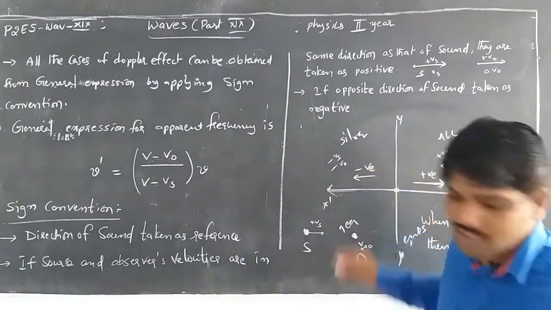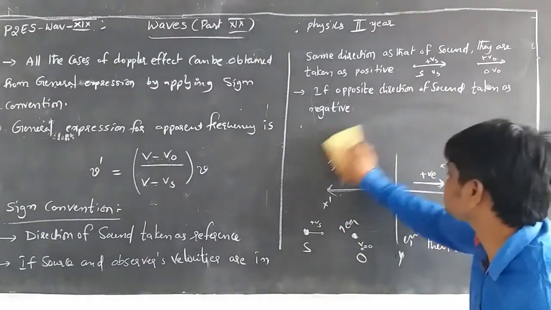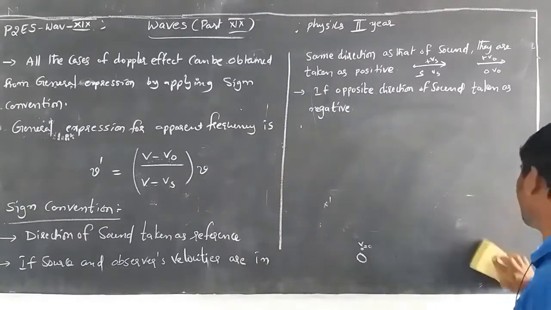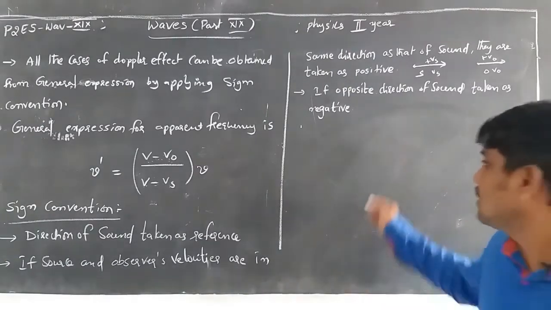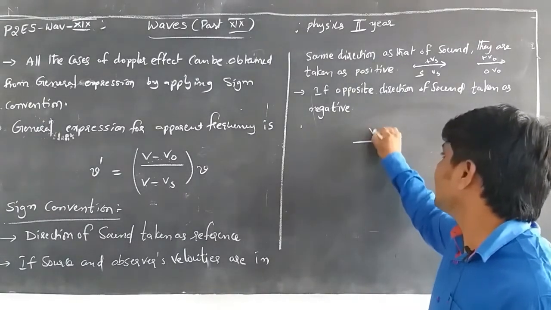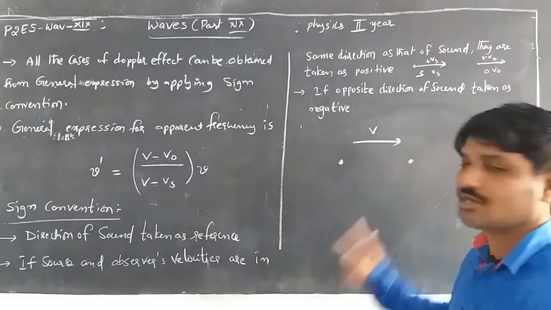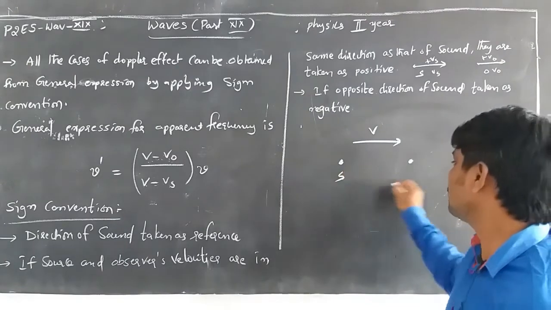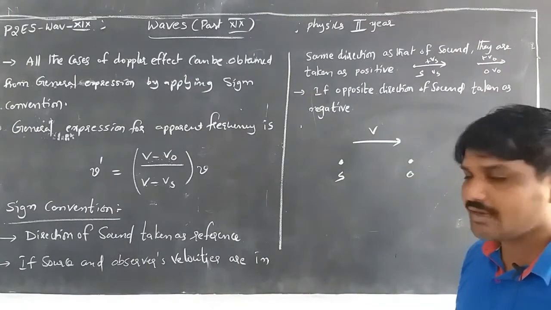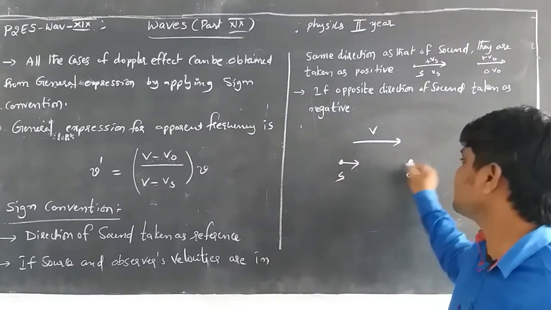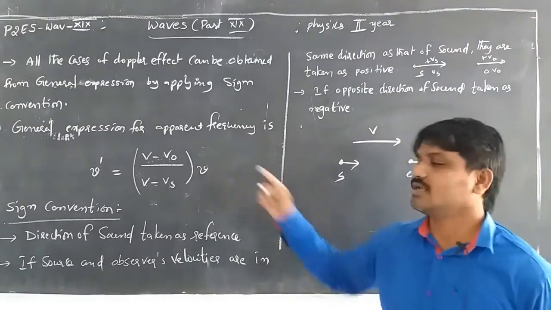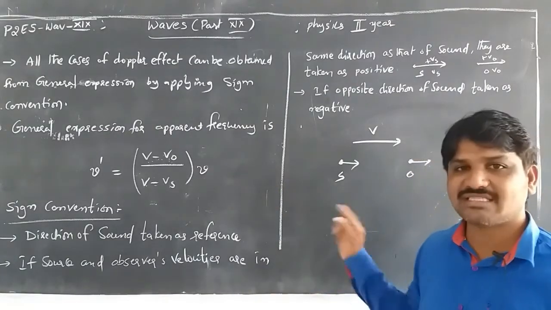If the sound is moving in some direction, this is the direction of the sound, and here is the source or observer, whichever. Then the direction depends on the equation by applying the sign convention.